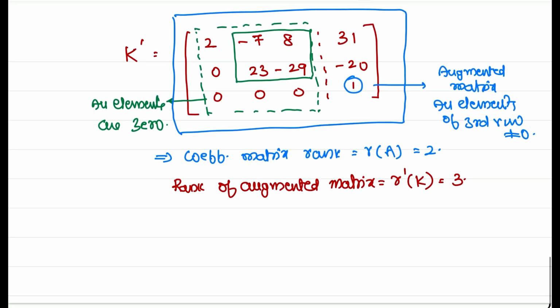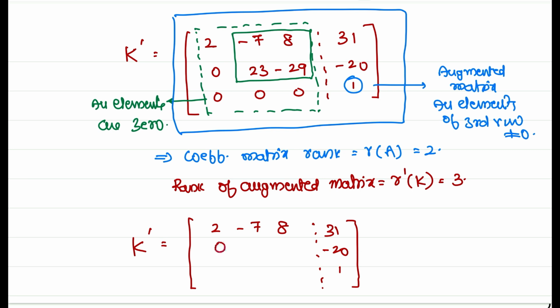If you want, I will write it again. Augmented matrix K dash is equal to, please understand this very carefully, after elementary operations, 31 minus 20 and 1, 0, 23 minus 29, 0, 0, 0.